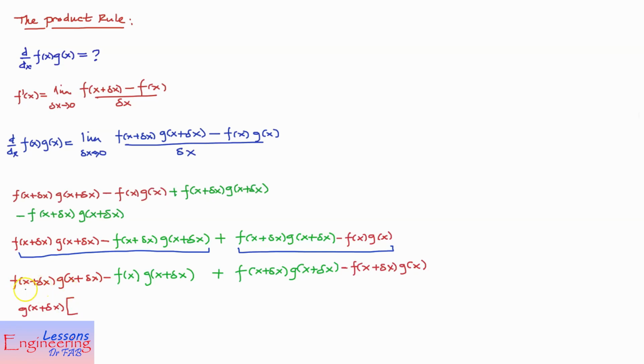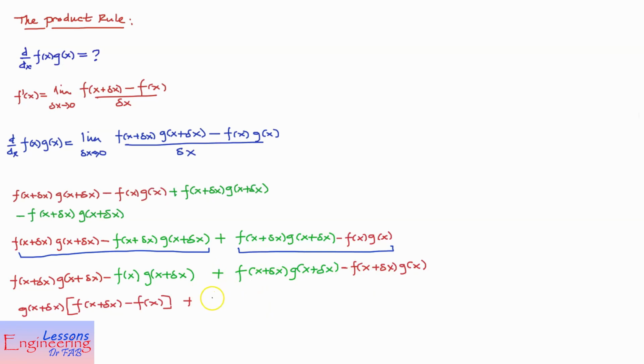So I'll be remaining with that and that items. So I'll have f of x plus sigma x minus f of x, okay, and from this side plus f of x plus sigma x will be the common factor.